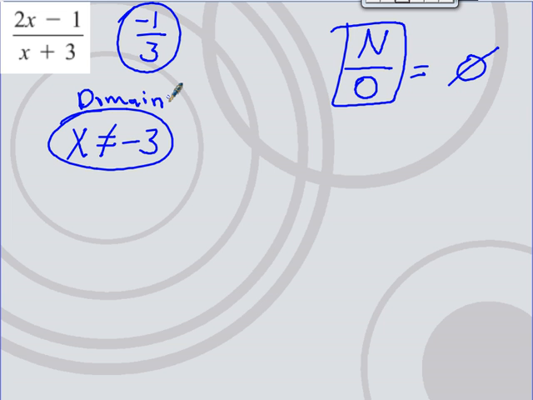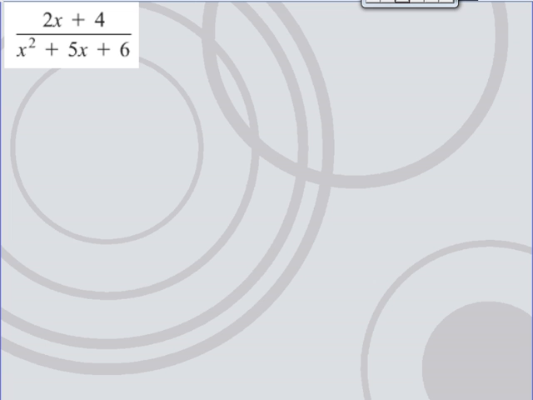In this case, x cannot be negative 3. How do we find that? We say, okay, what makes x plus 3 equal 0? We move the 3 over, and you get negative 3. I don't care for you to just say x cannot be negative 3. We'll talk about other ways to write that later. What makes the bottom here equal to 0?